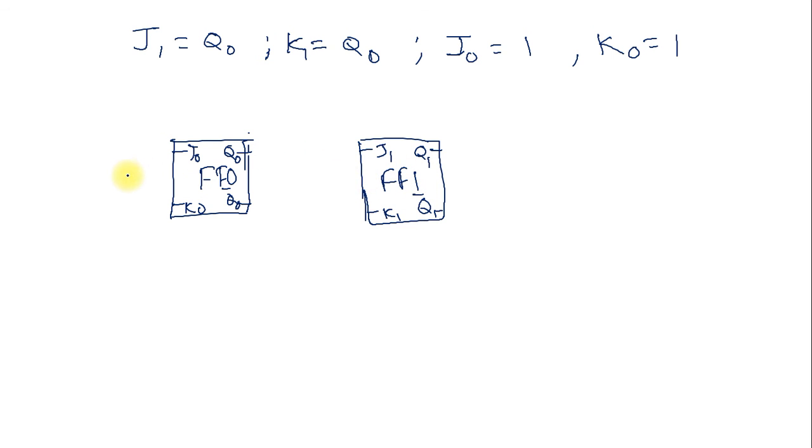Now we can connect the circuit: J0 and K0 should be connected to 1. So I am taking one logical 1 and shorting it, and Q0 is connected to J1 and K1.